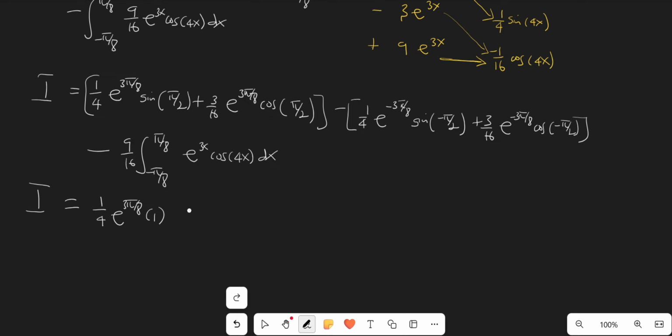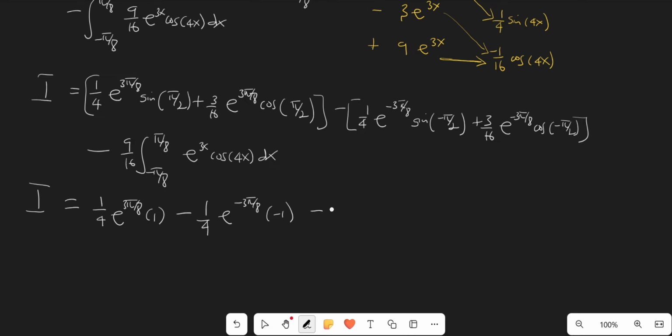And now we have minus this one, sine of negative pi over 2. Sine is an odd function, right? So sine of negative pi over 2 is negative 1. So that is going to be 1 over 4 e to the negative 3 pi over 8 times negative 1. And cosine of negative pi over 2 is going to be 0. So this one is going to be 0.